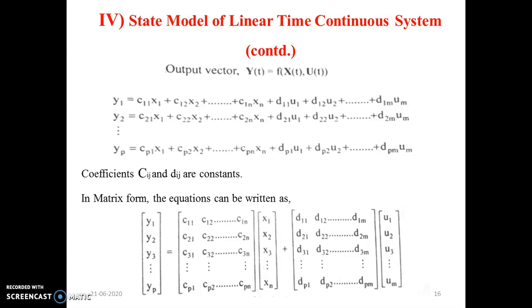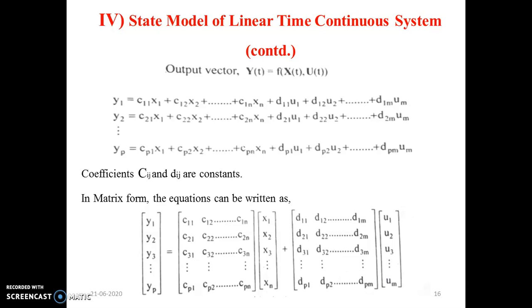It is given by C11 into x1 plus C12 into x2 till C1n into xn plus D11 into u1 plus D12 into u2 till it extends to D1m into um.